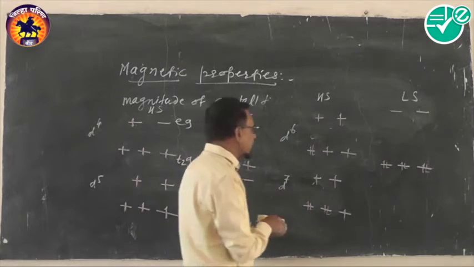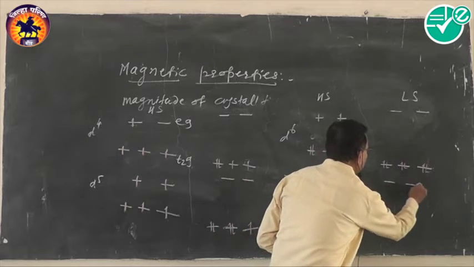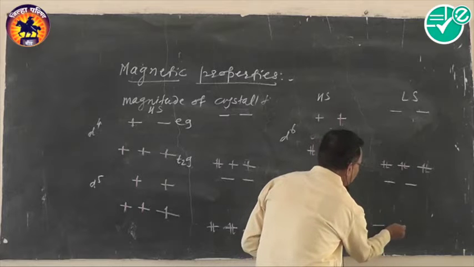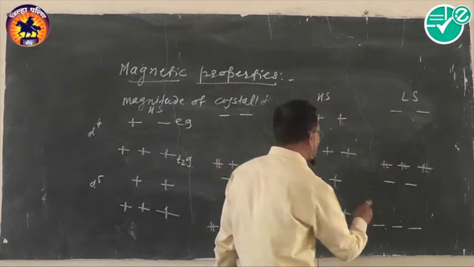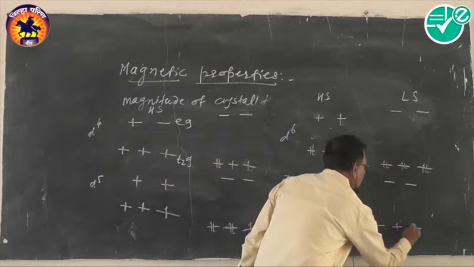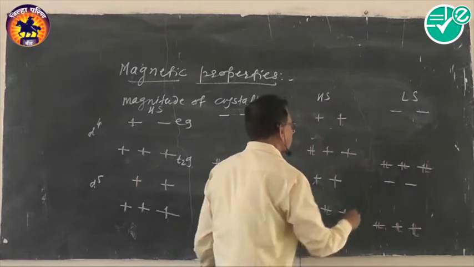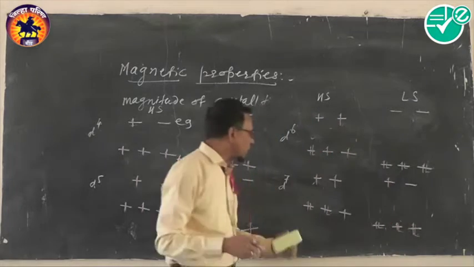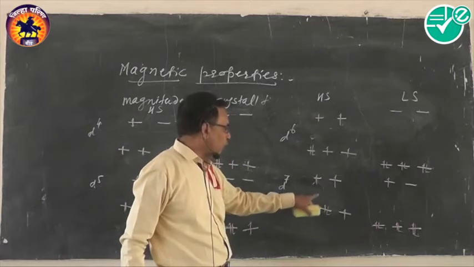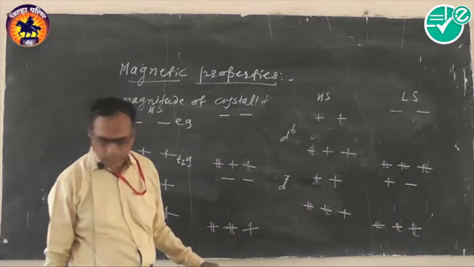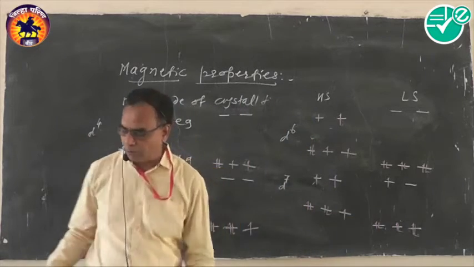But when the crystal field splitting is more, the electrons first occupy singly, then undergo pairing, and the last electron enters the eg set of orbitals. Now in this case, the high spin complex is paramagnetic with 3 unpaired electrons, and the low spin complex is paramagnetic with 1 unpaired electron.